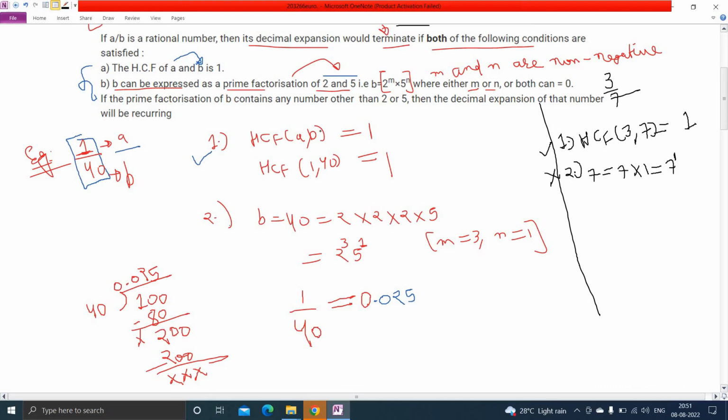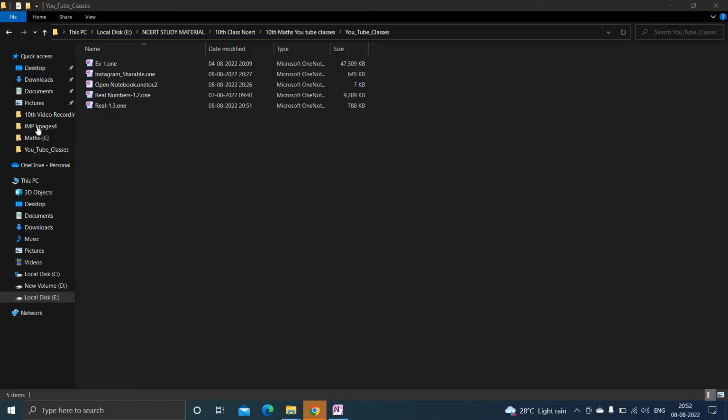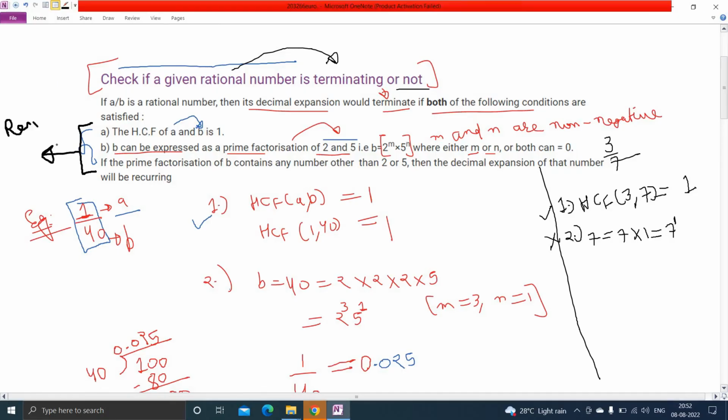So what we can conclude from these two conditions is that if these two conditions are not satisfied, then we will get recurring decimals, the non-terminating recurring part. What will we get?